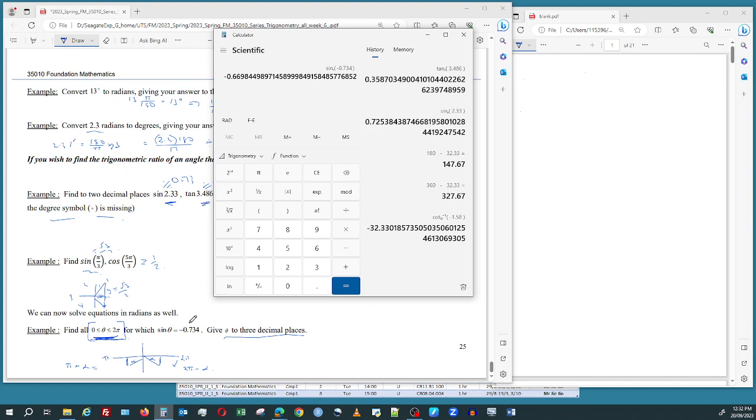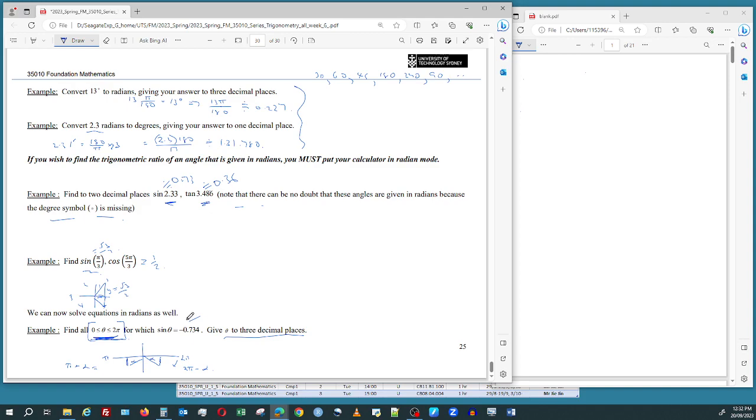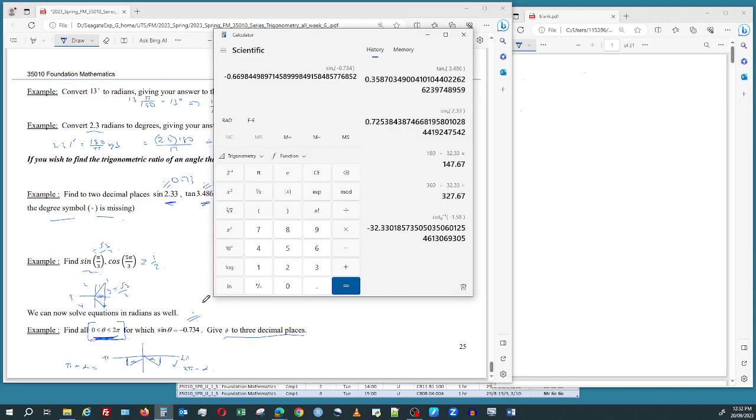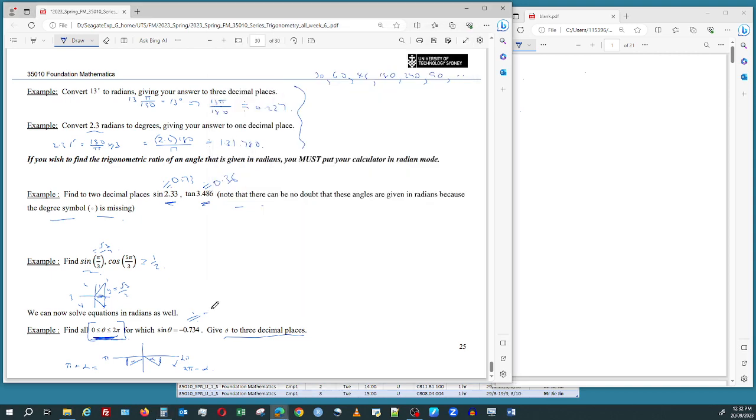Negative 0.67 in radians. So now, this is effectively this one, but what we want is the absolute value of it.